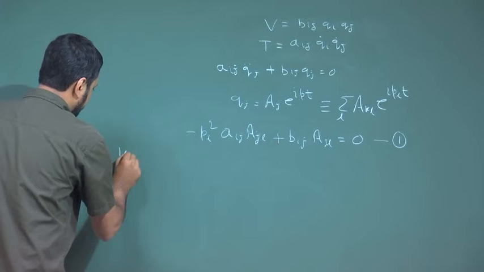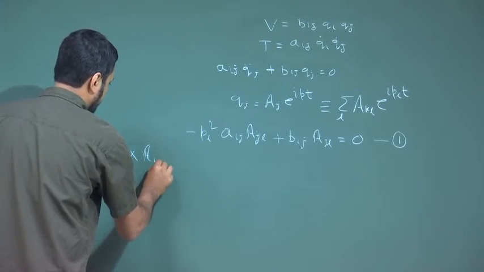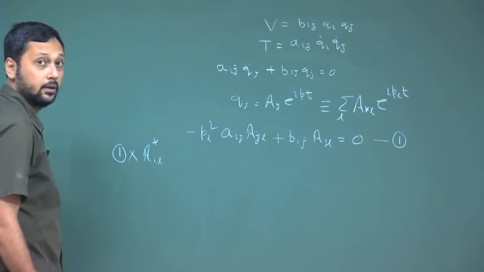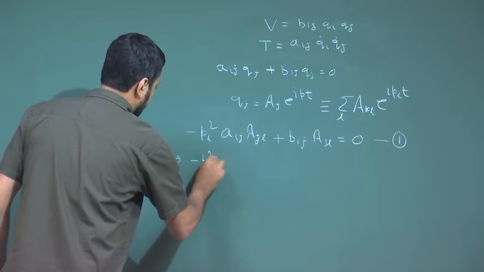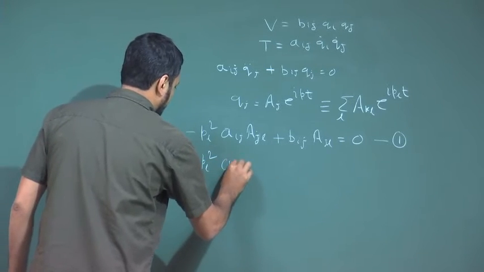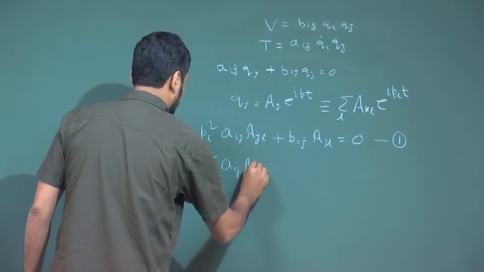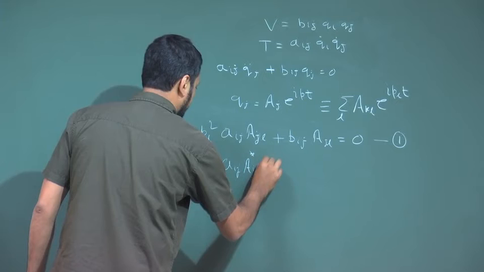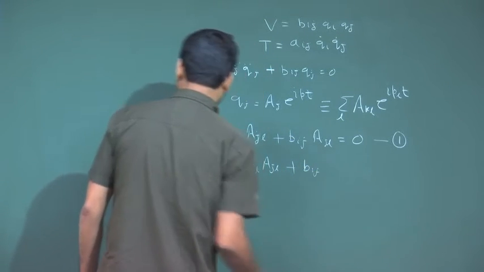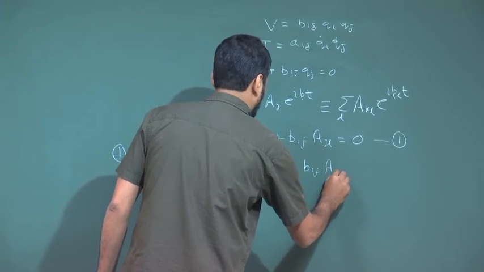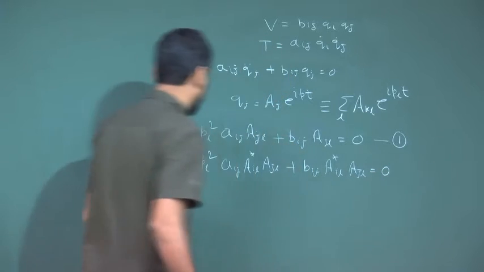Now let us multiply this equation by A_il star, and if we do that, we can write this as p_l square A_ij A_il star A_jl plus B_ij A_il star A_jl equal to 0.